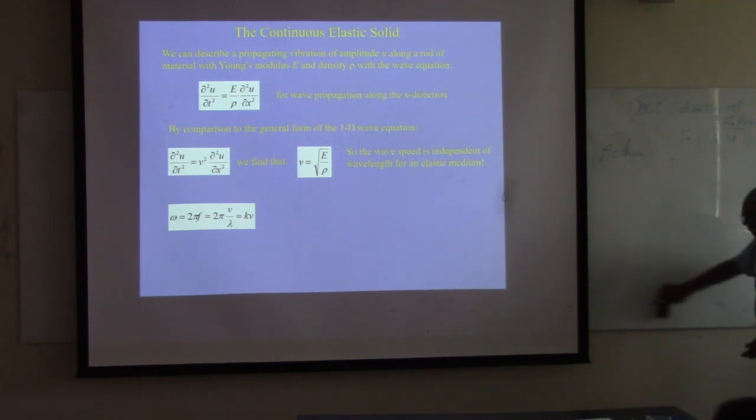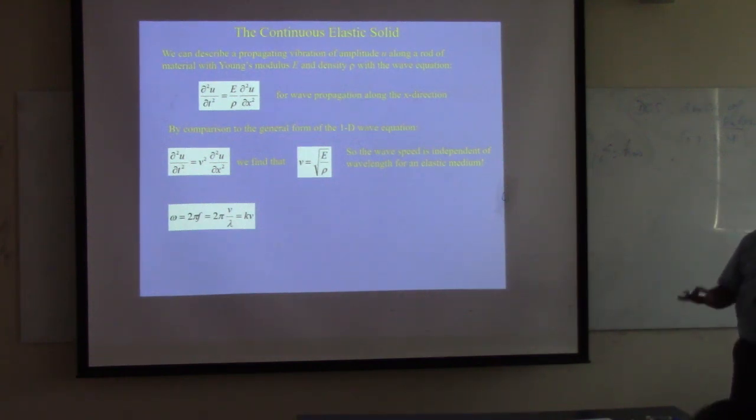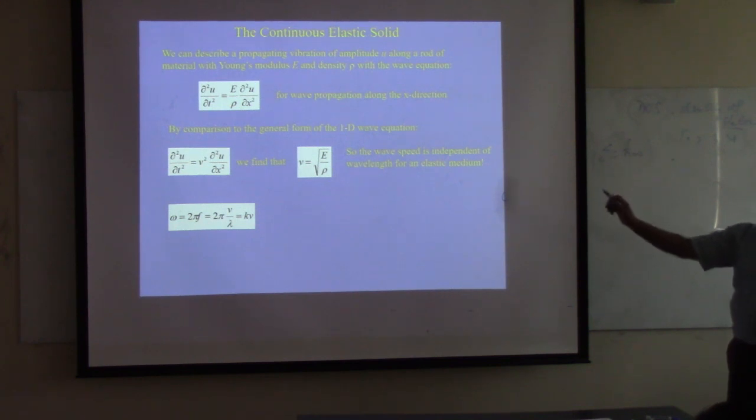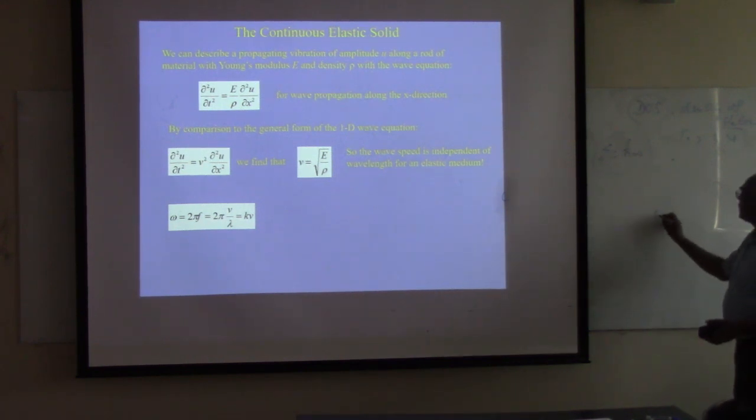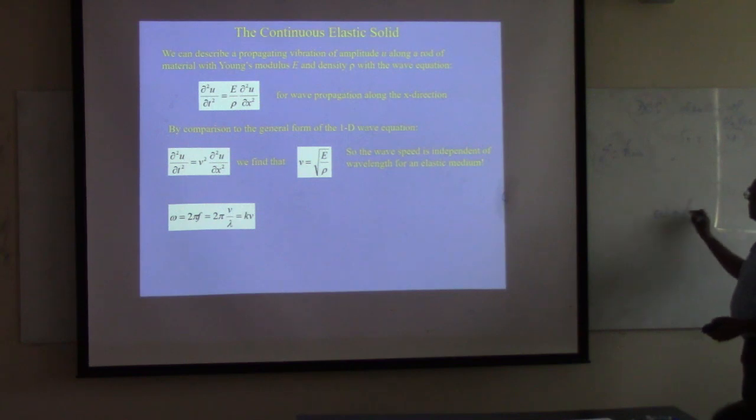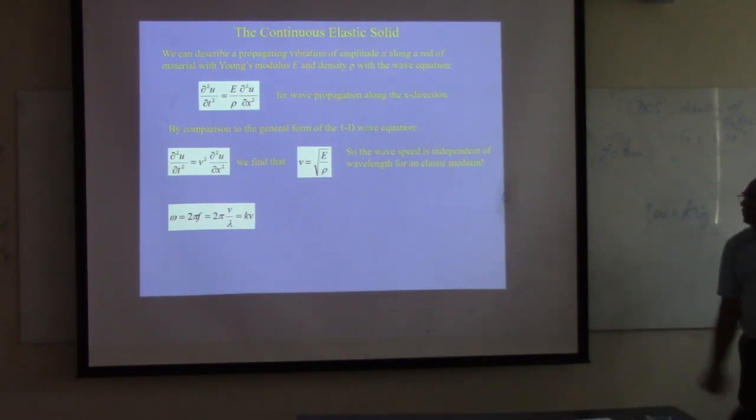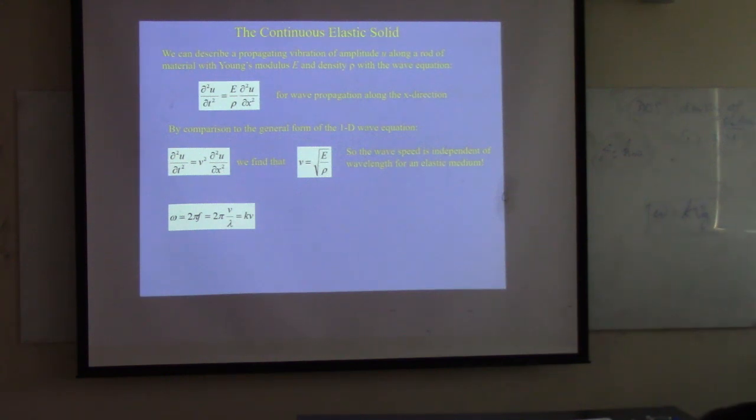Now if I assume my material to be an elastic continuum, I simply define the group velocity by omega equals k times the group velocity. Sometimes we call it Vg. Please remember that one. V is the group velocity.